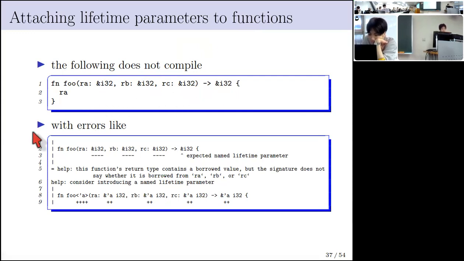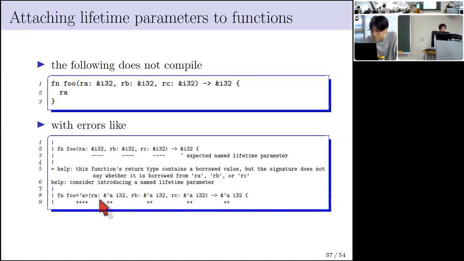The Rust compiler complains: expected named lifetime parameter. Yeah, this is where you start to become very confused when you try to master Rust programming without a solid understanding of what the lifetime parameters are.